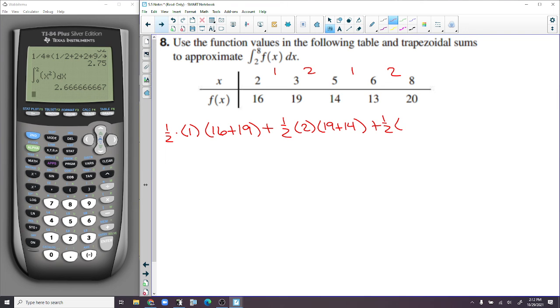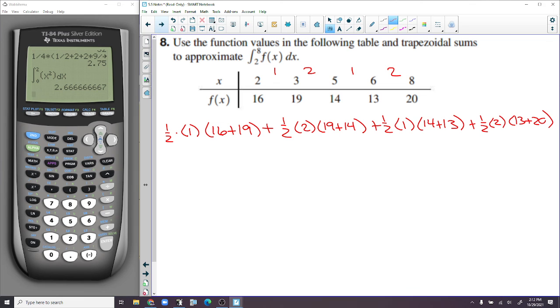And it's tedious, to say the least. So there's 14 and 13, and finally the last one, 2, is 13 and 20. Very tedious when the heights are not the same.